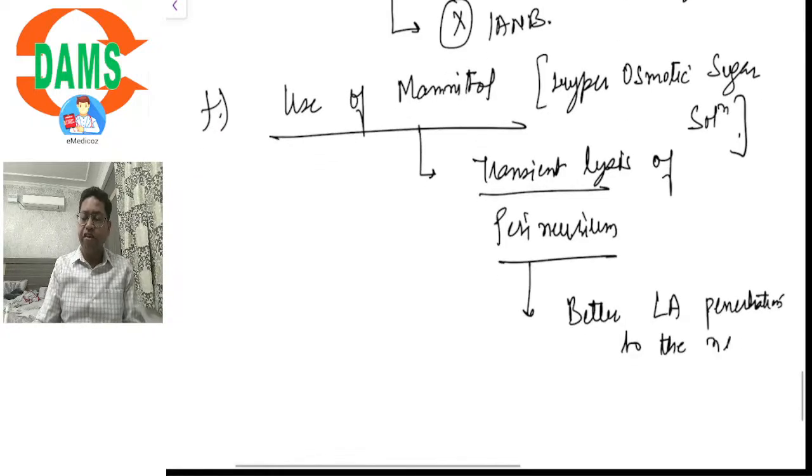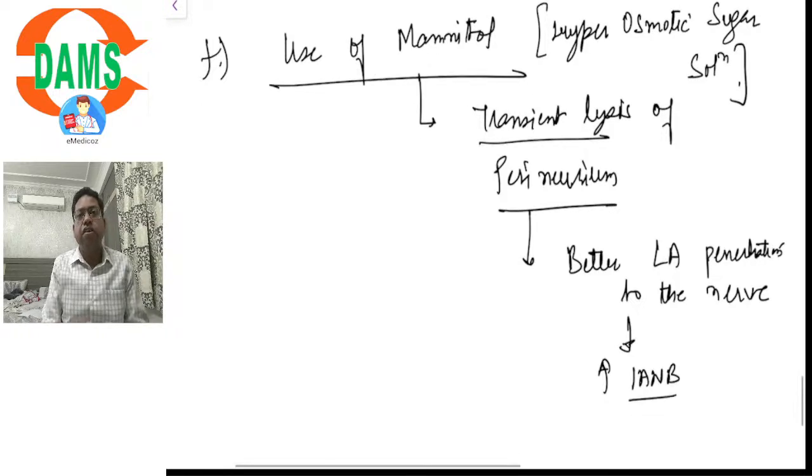We are administering local anesthetic close to the inferior alveolar nerve, and this increases the success rate of inferior alveolar nerve block. So mannitol is advantageous in that it can increase the success of inferior alveolar nerve block. Out of the 6 factors that we have seen commonly used, only 2 significantly improve the success of inferior alveolar nerve block. The remaining 4 are of no consequence.